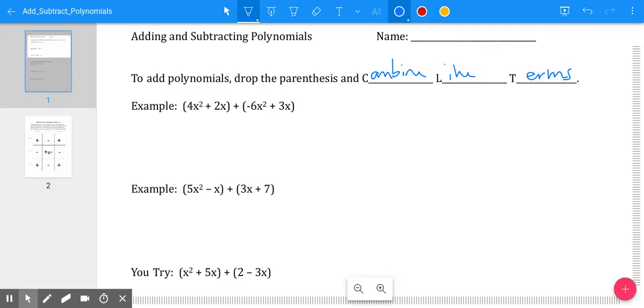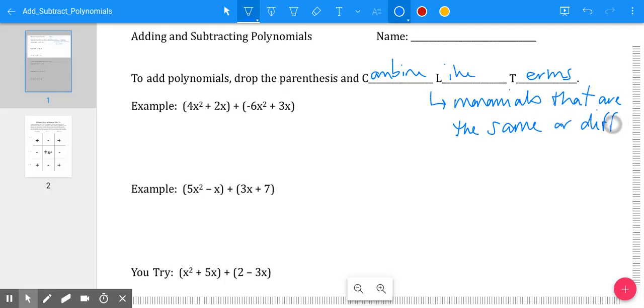And before we get started here, we should probably define what exactly like terms are. Basically, like terms are monomials that are the same or differ only by their coefficient.